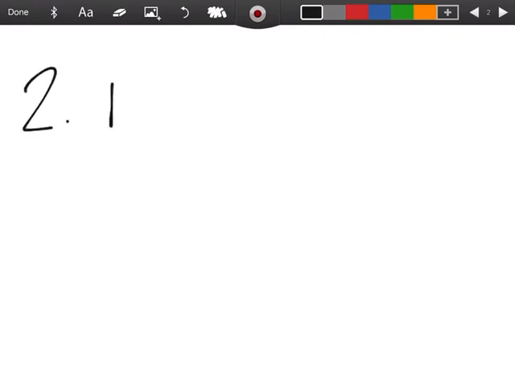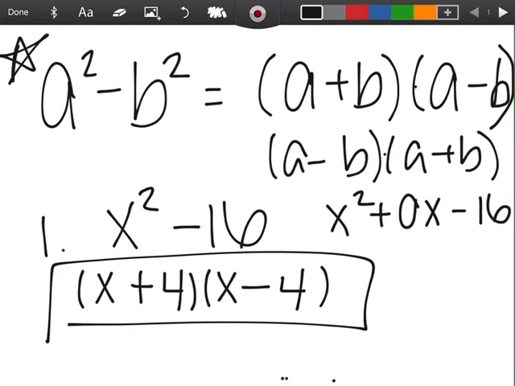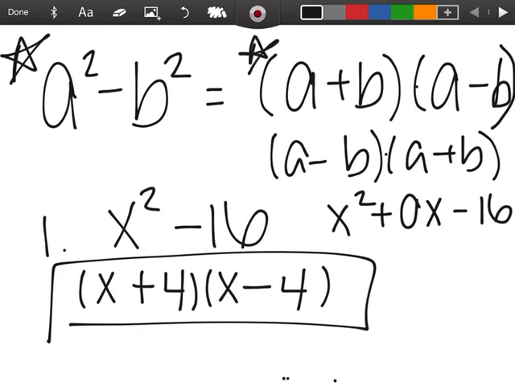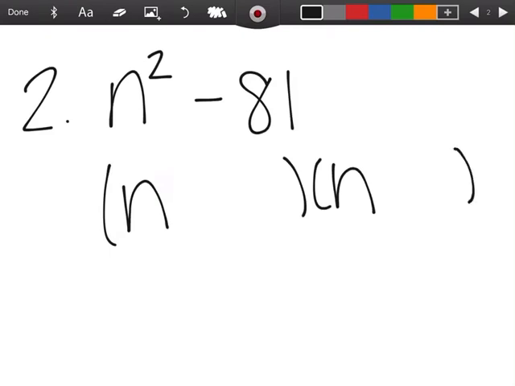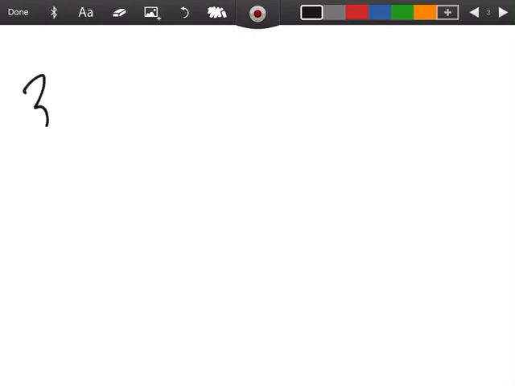So if I gave you n squared minus 81, I can think about it as two numbers that multiply, or I can use this formula. What did they square to get n squared? They squared n. And what did they square to get 81? 9. So it's going to be n plus 9 and n minus 9.